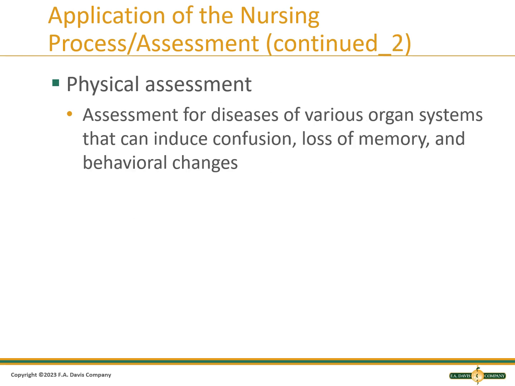We need to look for various diseases that can cause confusion, loss of memory, and behavioral changes. I think in depression, I talked about that with the elderly. We need to rule out depression before we decide that somebody has a neurocognitive disorder, because the symptoms of depression can kind of mimic that.